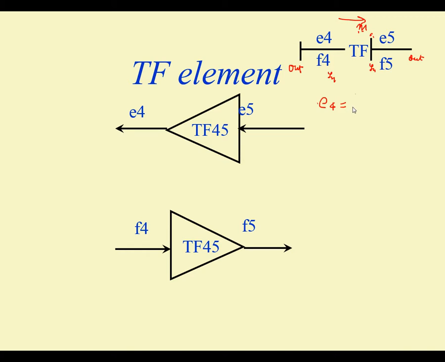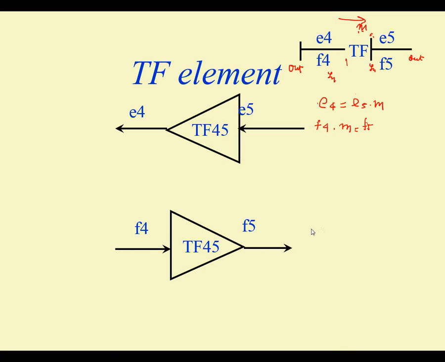So, and then the output is going to be F sub 5, which is F sub 4 times M, which is the input here, is equal to F sub 5. So that's how we write the equation here.